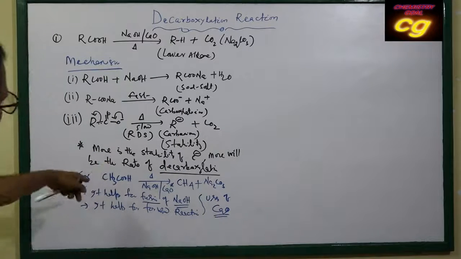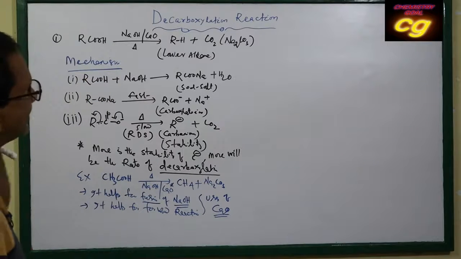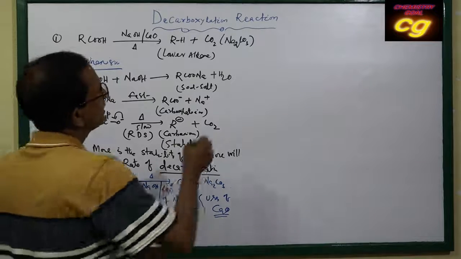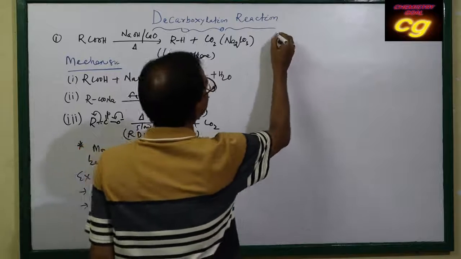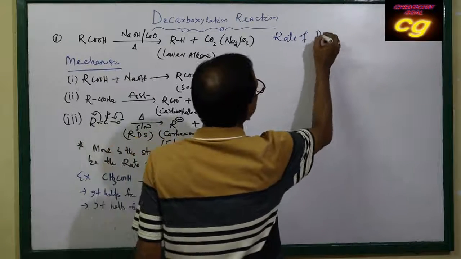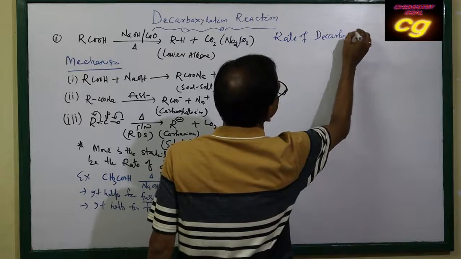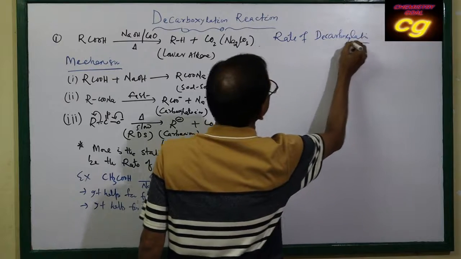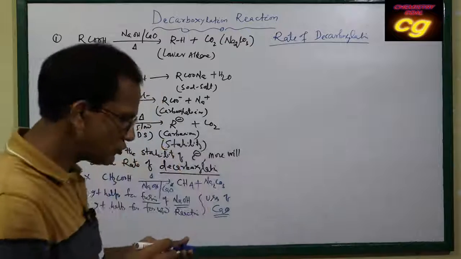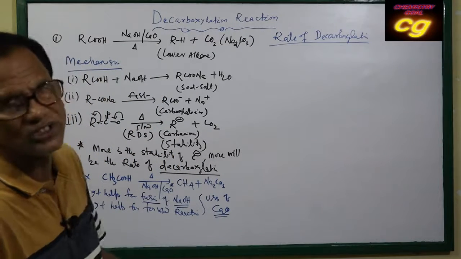So these are the reactions and the mechanism of decarboxylation. Now a very important thing we will discuss, the rate of decarboxylation. In which case is it faster, in which case is it slower?